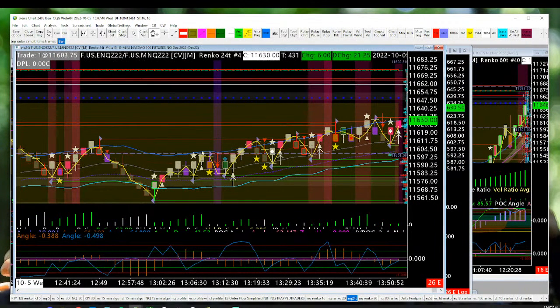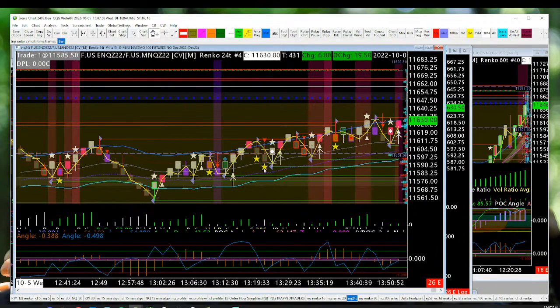You can see how we couldn't even get any bars to stretch outside of the channel. Then we finally got one bar outside the channel, but it's pink, which is a weak bar, and you can see that the indicator got all the way up here, right? And then we came down. This one made a lower low, right? But this one did not.